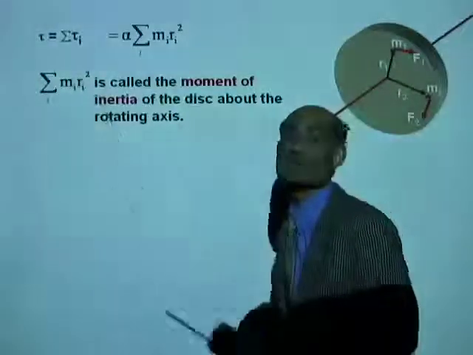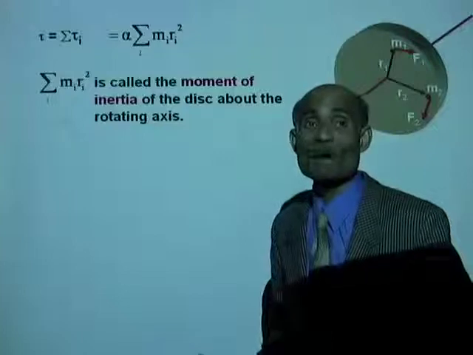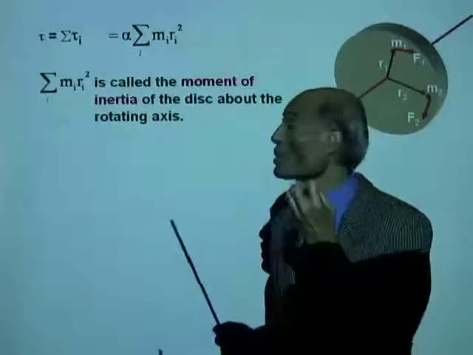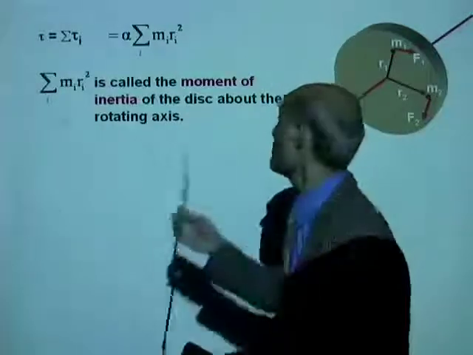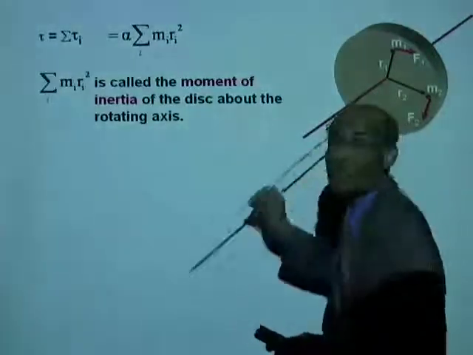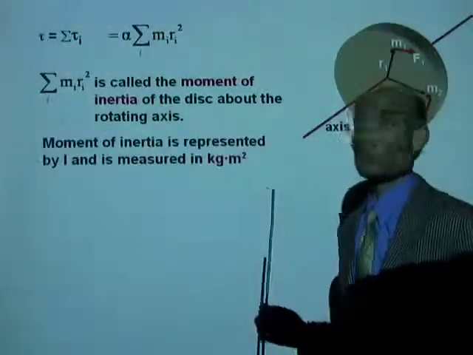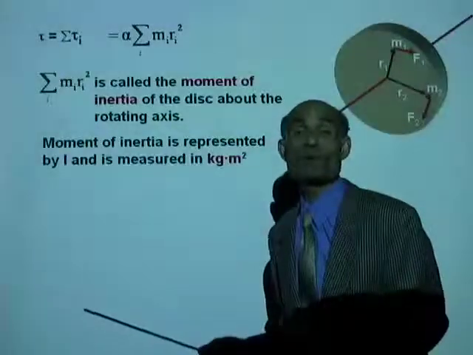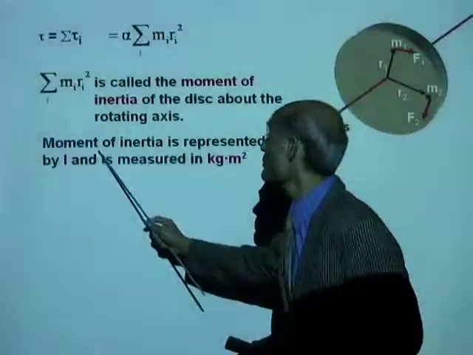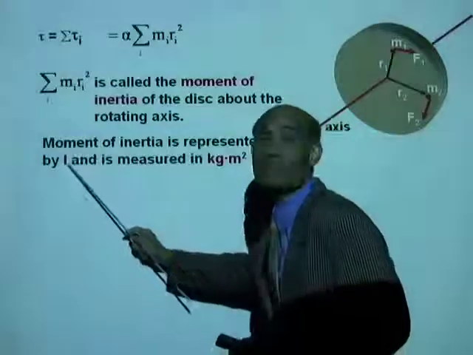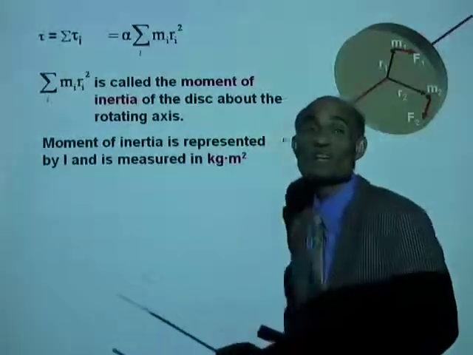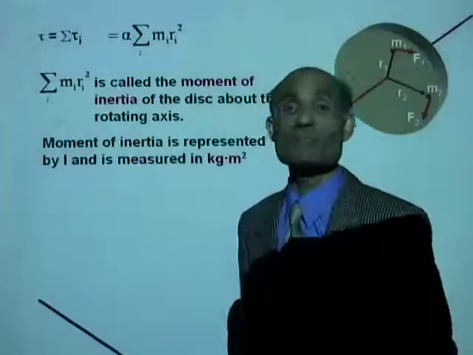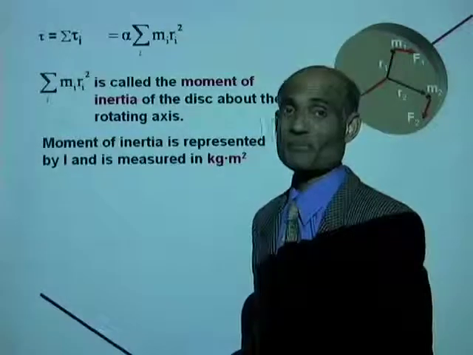So what is summation i mi ri squared called? It is called the moment of inertia of the disk about the axis of rotation. What is the unit for moment of inertia? Moment of inertia is represented by I and is measured in kilogram meter squared.